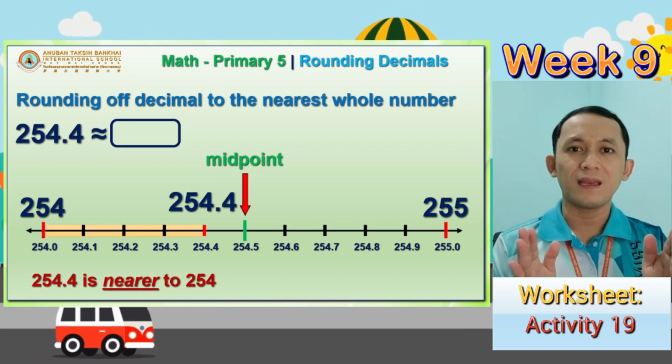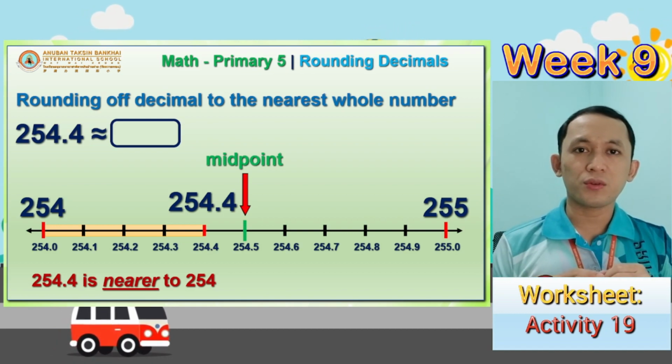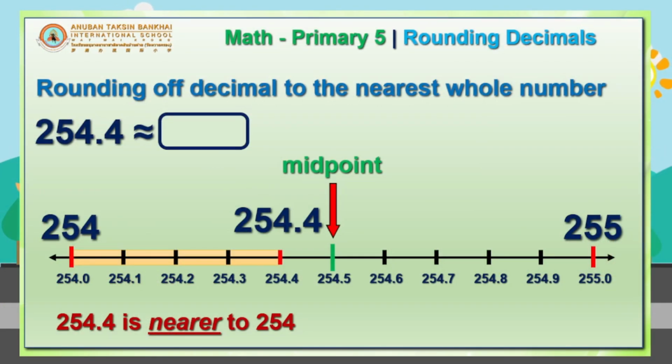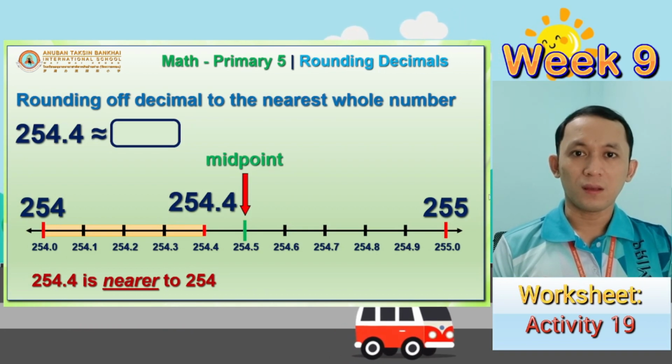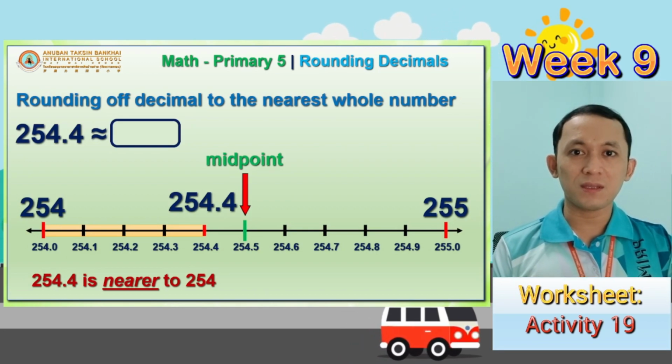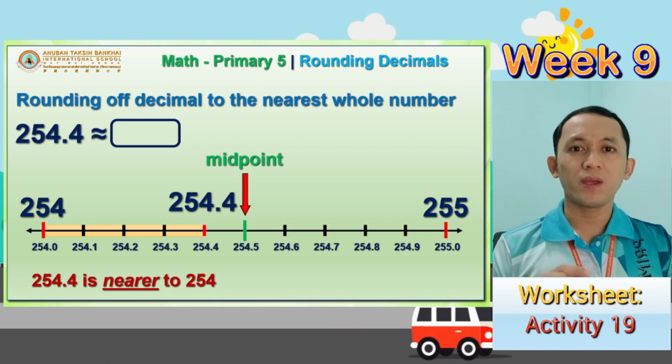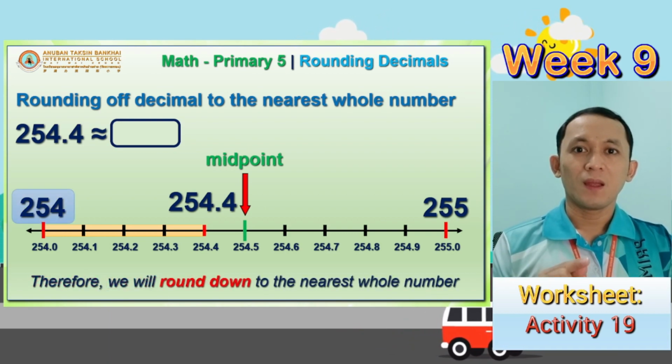Now you can see here that 254.4 is actually nearer to 254. It is far from 255. It is near to 254. So we can say that 254.4 is nearer to 254. That is the reason why we are going to round it down.